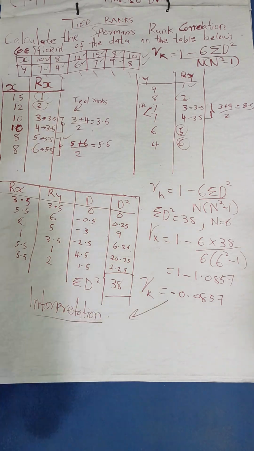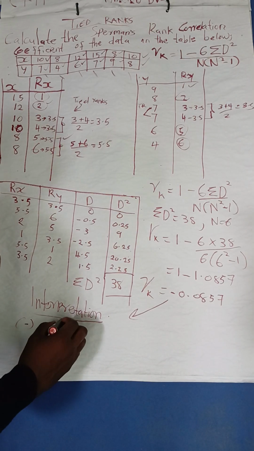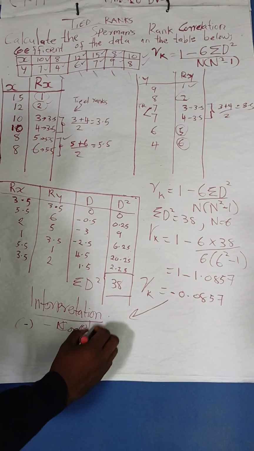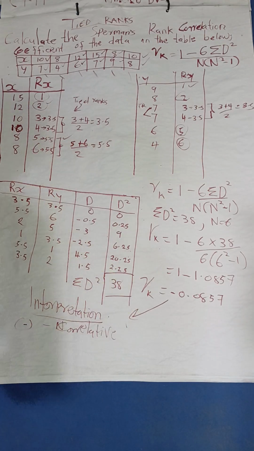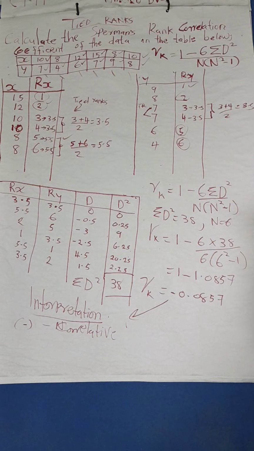Why? Because it is negative 0.0857. So this one is negatively correlated. But another question will come in. Is it highly negatively correlated, or lowly negatively correlated?